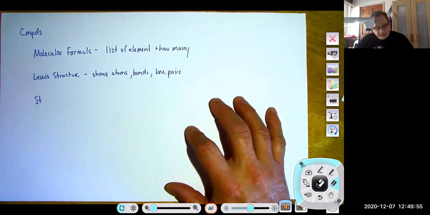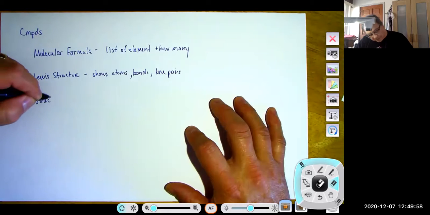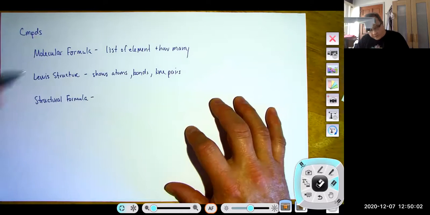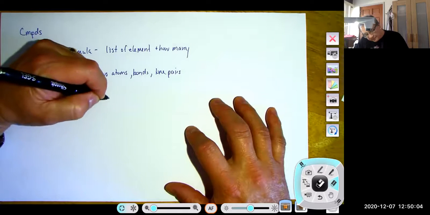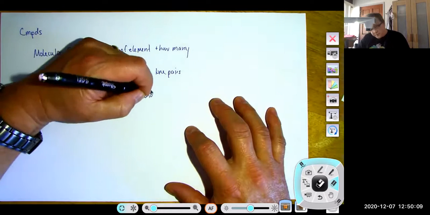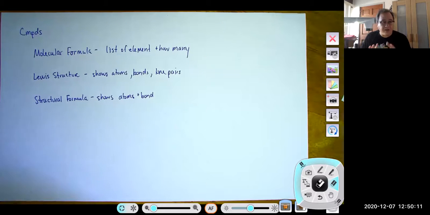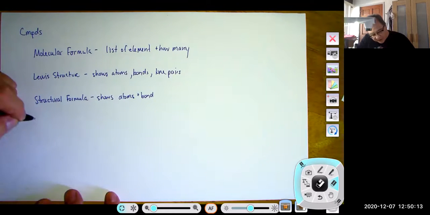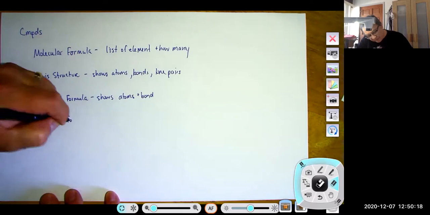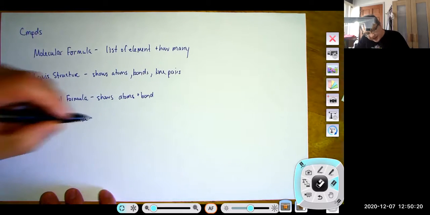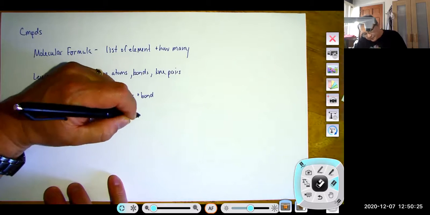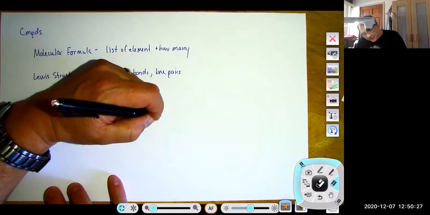There's also something called a structural formula. A structural formula shows atoms and bonds, but the lone pairs are implied, they're not shown. There's something called a condensed formula, which is a list of the atoms with the connections implied.